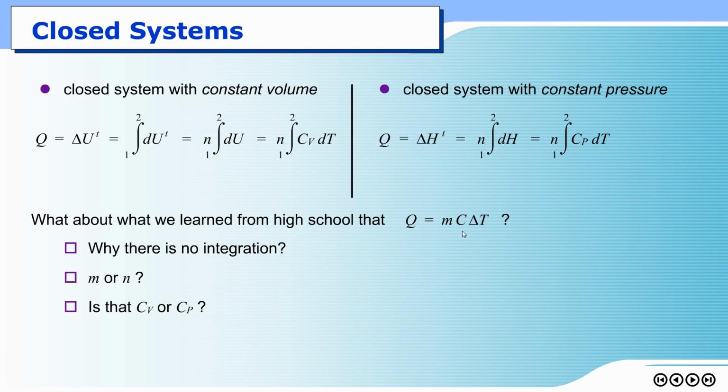Again, in high school, this equation was applied mainly for liquid or solid. And liquid and solid do not expand that much when you heat them up. So when there is no big expansion, heat capacity at constant volume Cv and Cp are roughly the same because expansion is negligible.